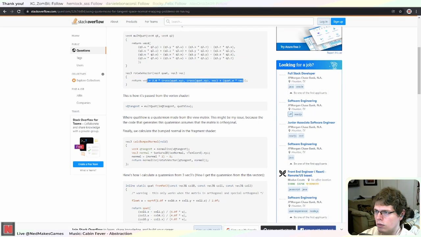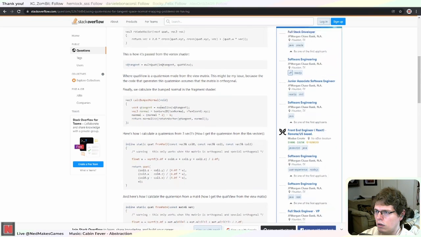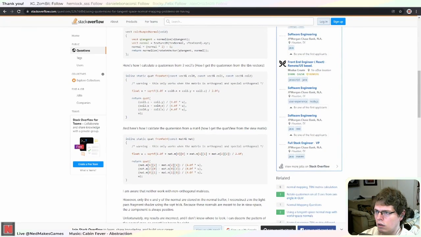This is the formula I use for rotating a vector. Okay.